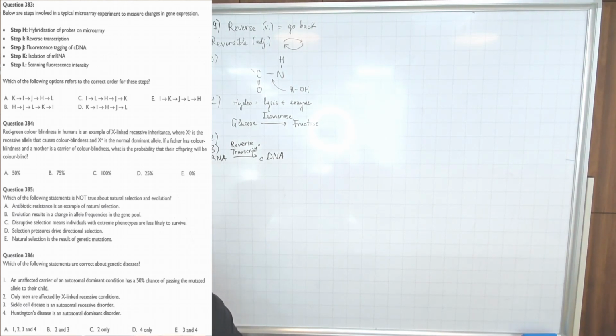So step J has to happen after step K. Cho nên cái J này nó phải diễn ra sau cái K. So K has to happen before J, okay? So B is out. Đúng rồi, loại câu B đó. Câu C loại luôn.